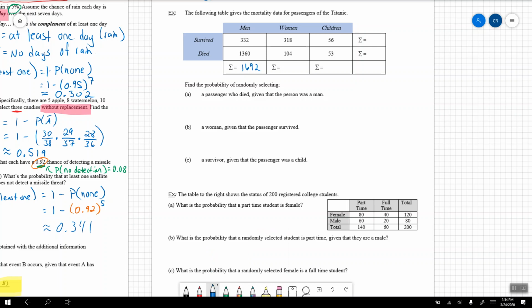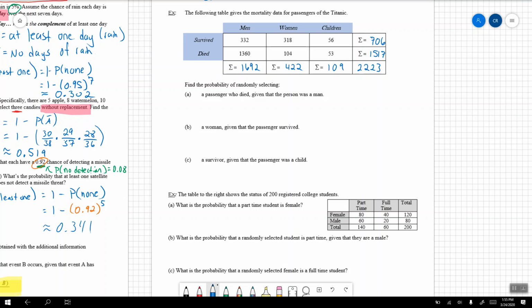Then 318 plus 104, that's 422. 56 plus 53, that's going to be 109. Then we're going to add the rows, 332 plus 318 plus 56, that's going to be 706. Then 1360 plus 104 plus 53, that should be 1,517. Total, marginal total of 2,223.